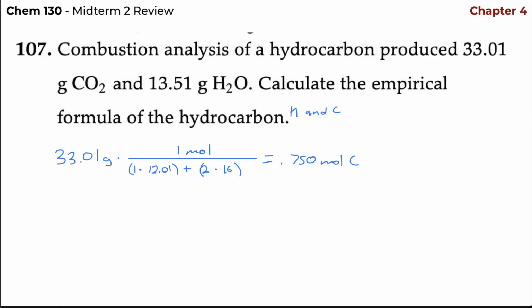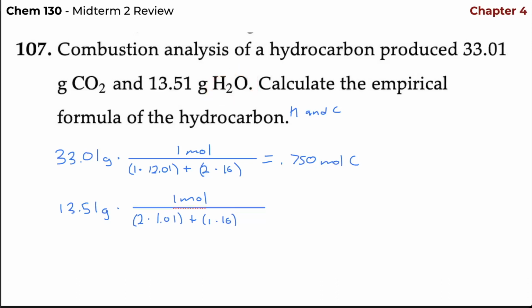Now we're gonna do the same thing, 13.51 for the H2O. So we're gonna take this and multiply by 1 mole over H2O, which is two H's, so 2 times 1.01, plus 1 O, which is 1 times 16, right? Now we have how many moles of H2O.